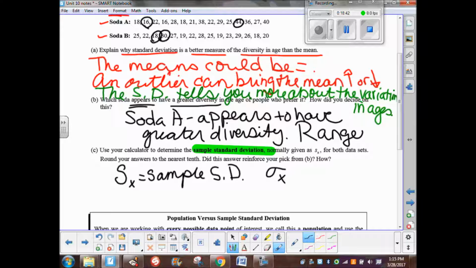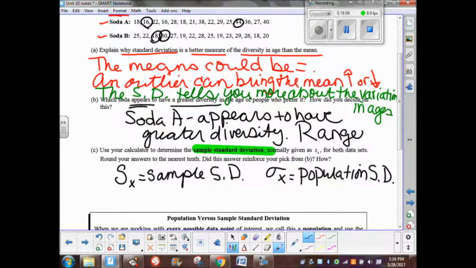Sigma x is the population standard deviation. Population is everybody. Sample is just a small amount of the population. You'll find that they'll be close. Population is everyone. Sample is just a small chunk of the population.